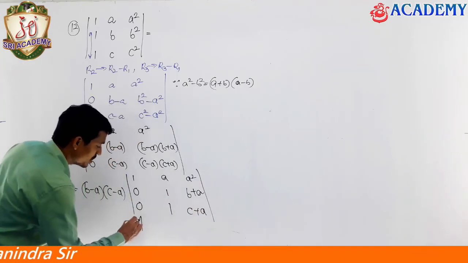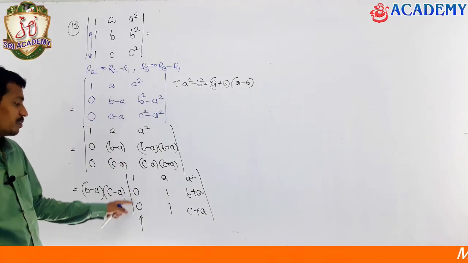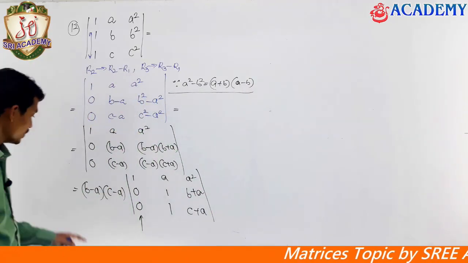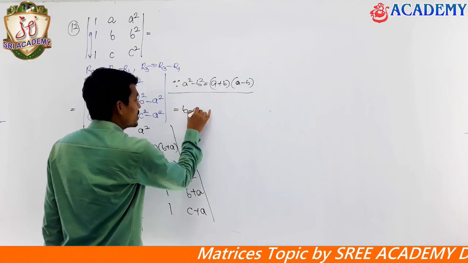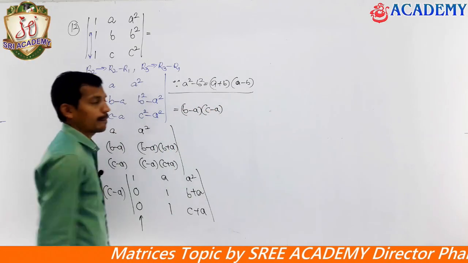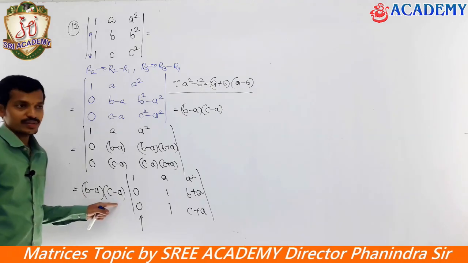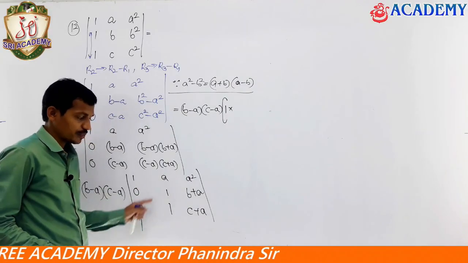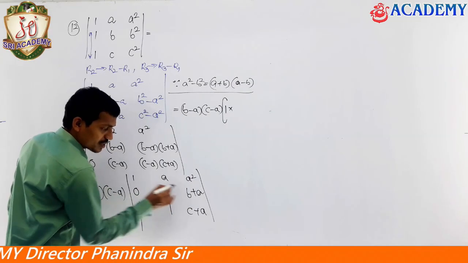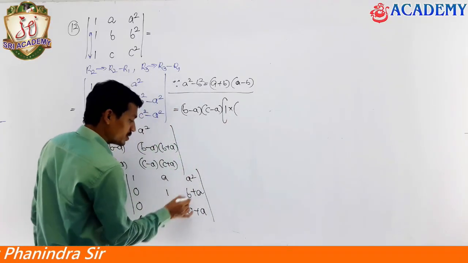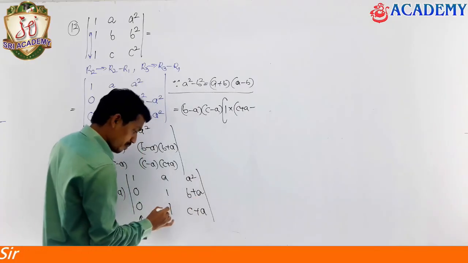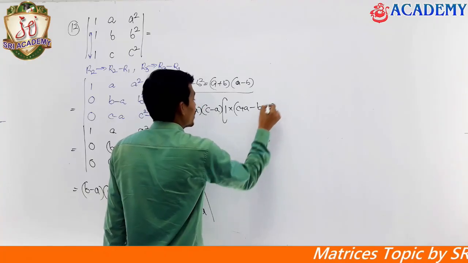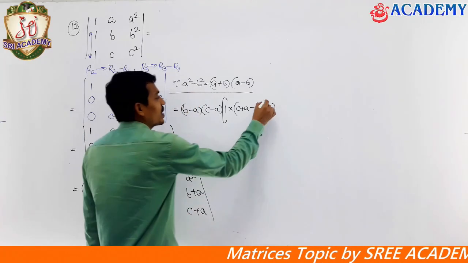If I expand this determinant by using column number 1, what you will get is b minus a into c minus a, into 1 into the determinant of this matrix, that is AD minus BC. AD is 1 into c plus a, minus BC, 1 into b plus a. Next, minus 0 plus 0, you will get 0 indirectly.